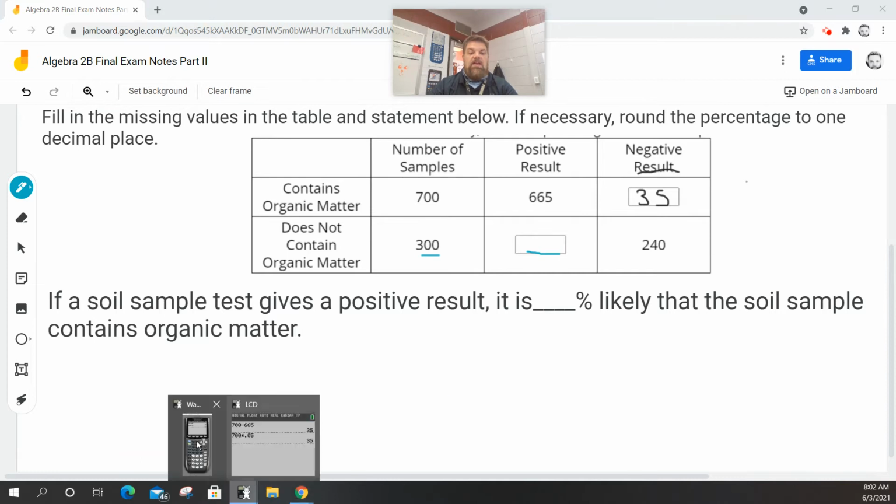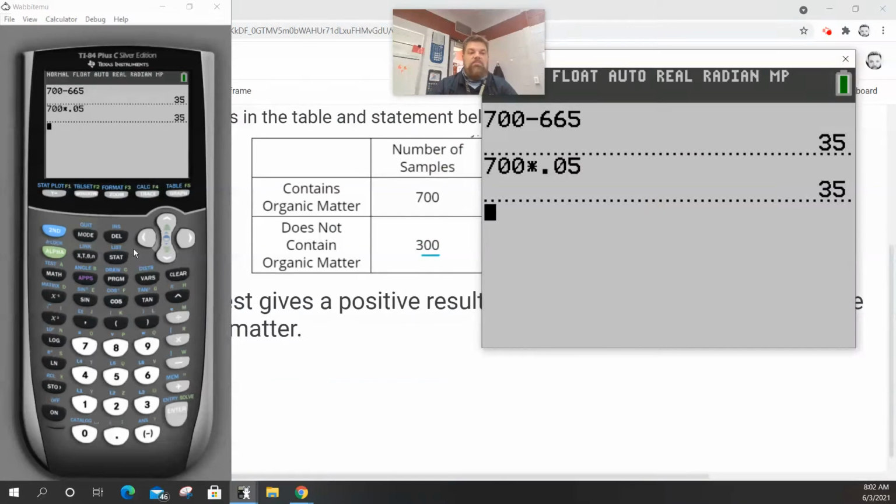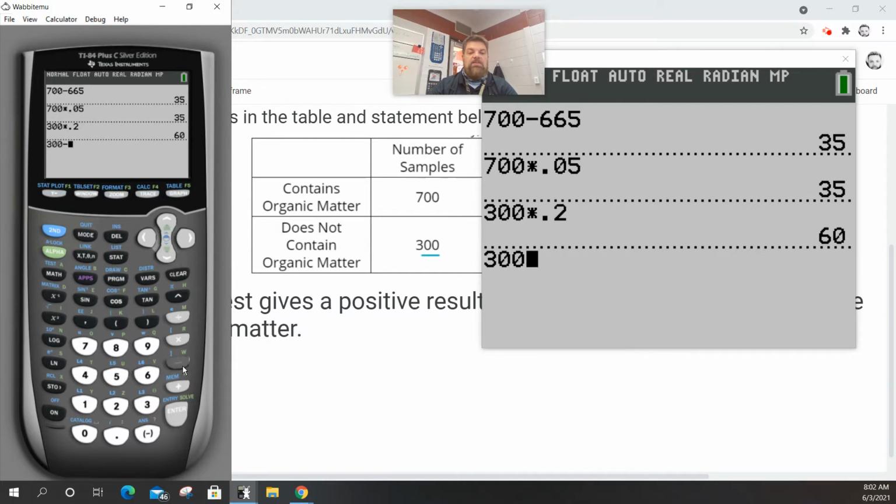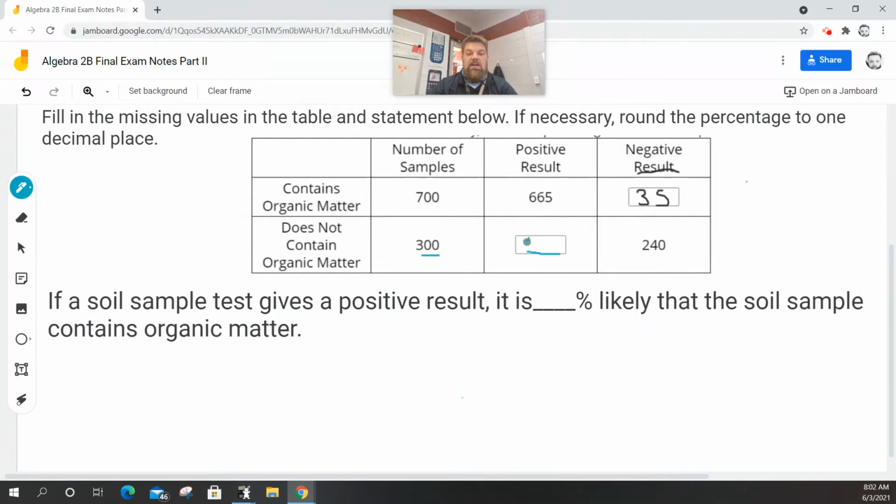I could take 300 and multiply that by 20%, which is really just 0.2. Or I could take 300 and subtract the total number of negative results, which is 240. Either way, I get 60.